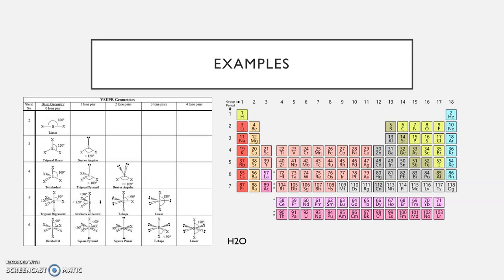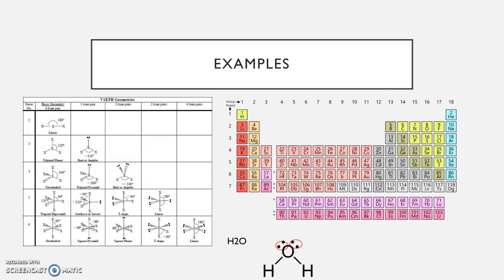Starting with oxygen on our periodic table, which is in group 16, we know it has 6 valence electrons, and it would like to make 2 covalent bonds to satisfy its octet rule. And hydrogen, once again, is over here in group 1 and would like to make 1 covalent bond. So we'll have oxygen in the center bonded to 2 hydrogens. And then it looks like we have two lone pairs there. That would give us a total of 4 groups surrounding our central oxygen atom.